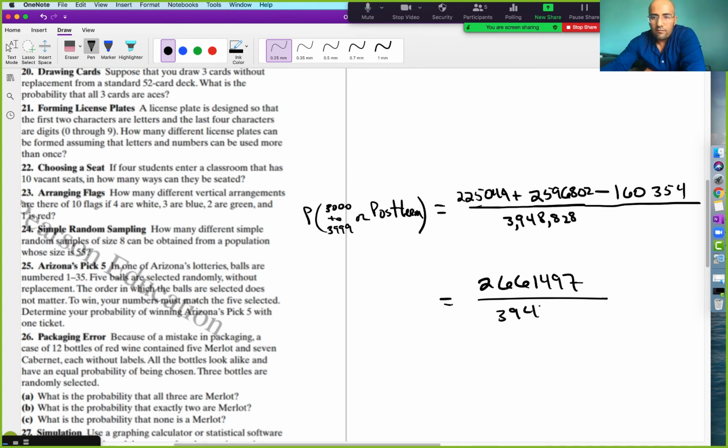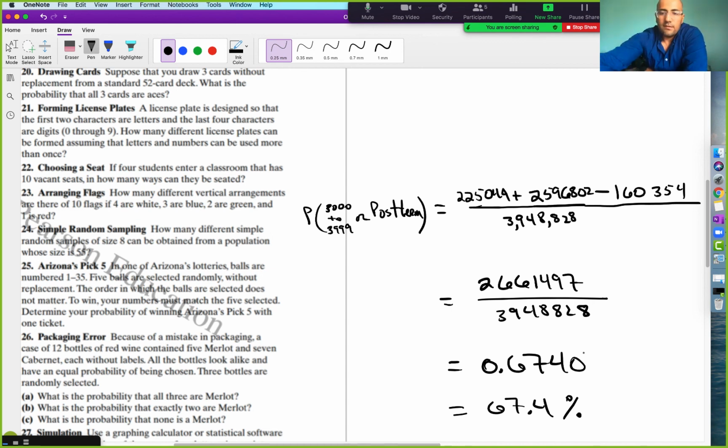Divided by the 3,948,828, I'm getting 0.6740, or about a 67.4% chance that a baby randomly selected either weighs between 3,000 to 3,999 grams or is a post-term baby.